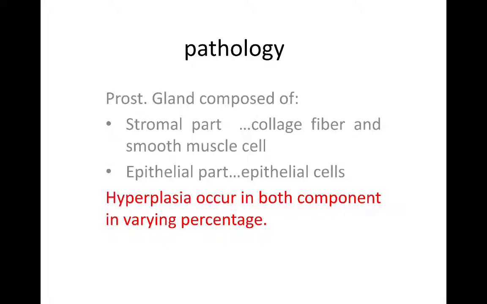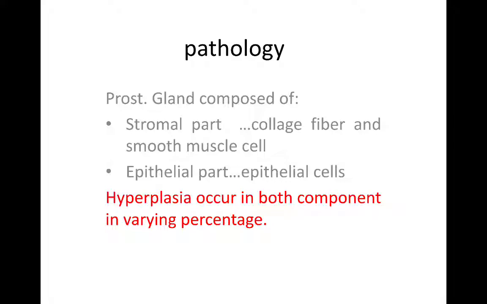While if the main process of hyperplasia occurs in the epithelial part of the prostate gland, the patient's response is better to hormonal treatment. We will discuss the treatment of BPH later on.